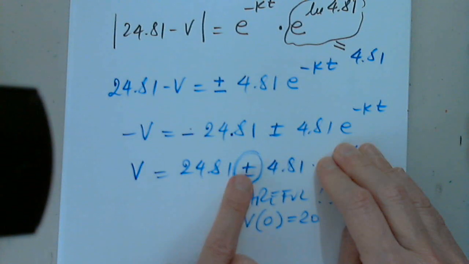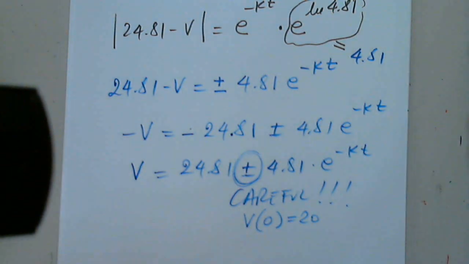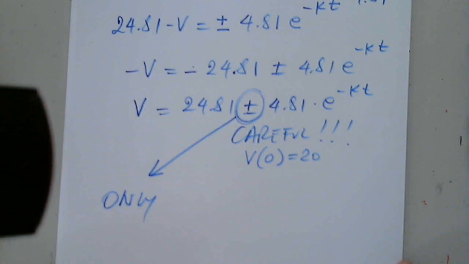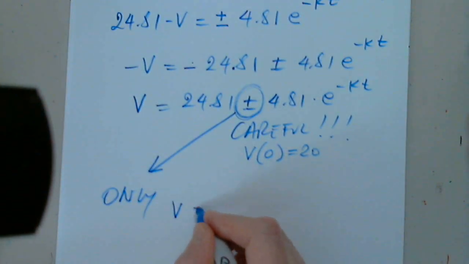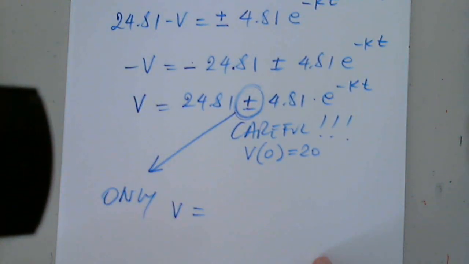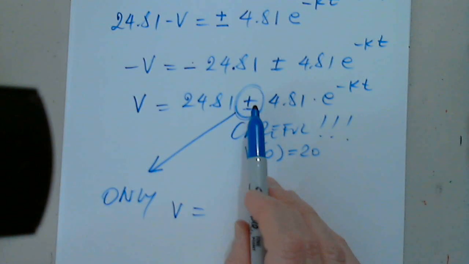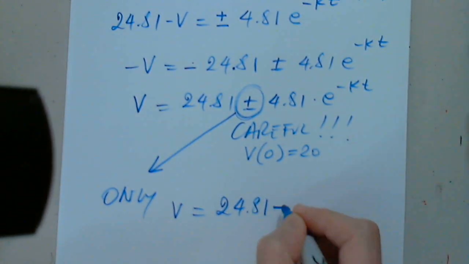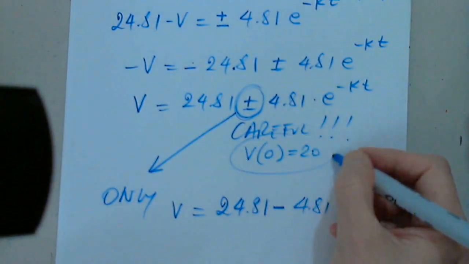But 24.81 plus 4.81 will not be 20. So then which one? Which symbol? Plus or minus? Minus. Yes, it has to be minus. Thank you very much, because otherwise this will not work.